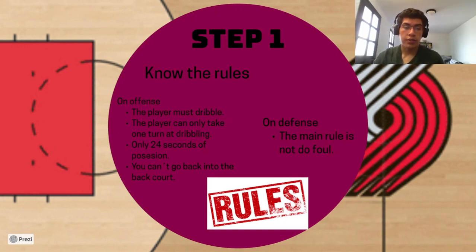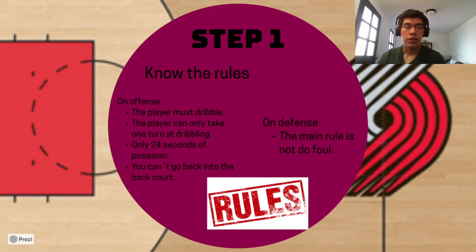The first rule, the player must dribble, means that when a person is dribbling, he must be moving, he can't be standing. But if he stops dribbling and walks 3 or more steps, a foul is committed.